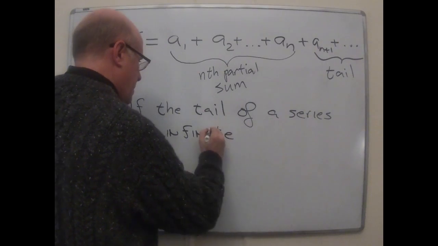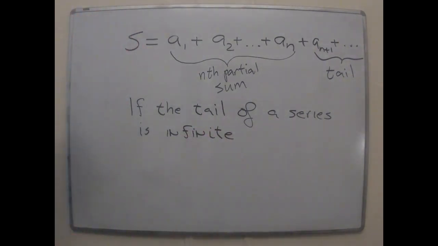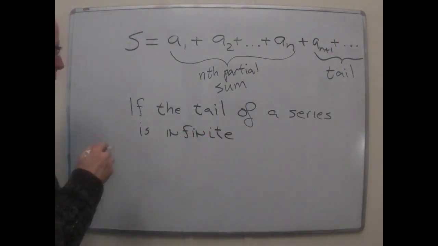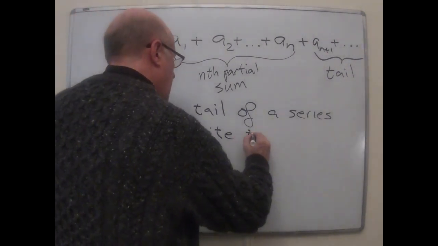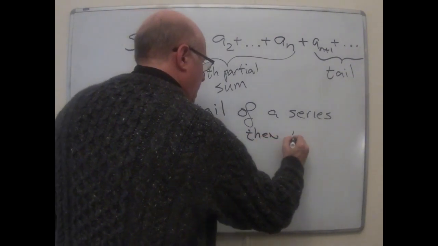So let me try to say this as a proper if-then sentence. If the nth tail of a series is infinite, then the series diverges.